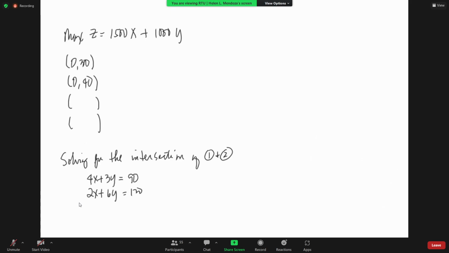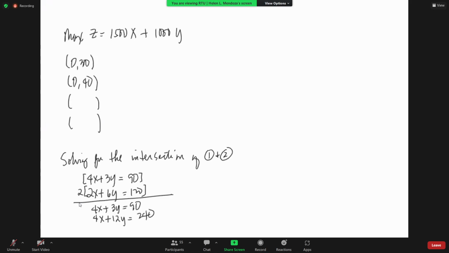So, gusto natin halimbawa i-get rid ang x. So, ito magmumultiply ka lang ng 2. So, 4x plus 3y is 90. 4x plus 12y is 240.